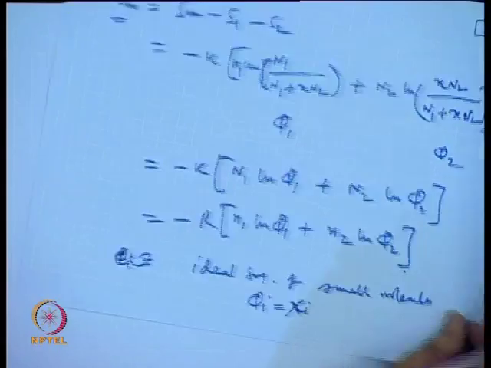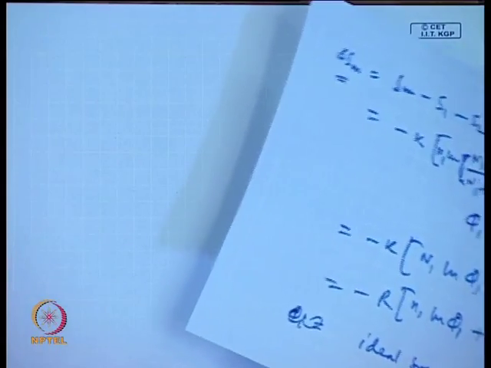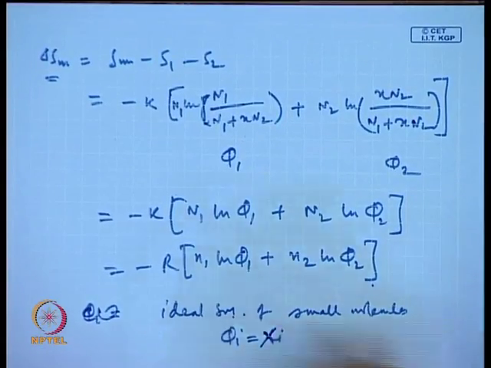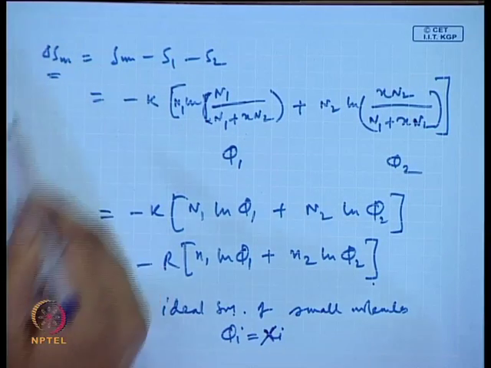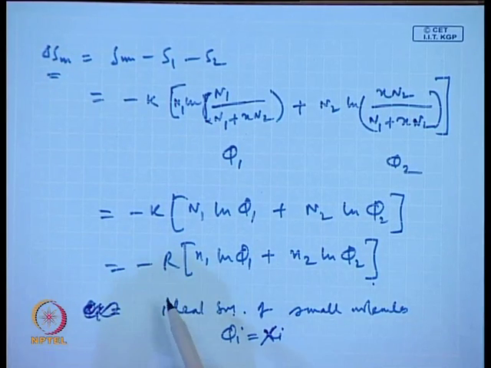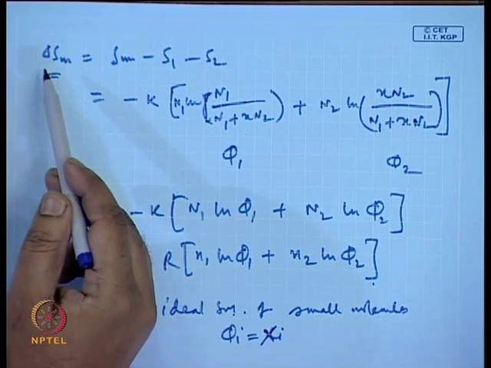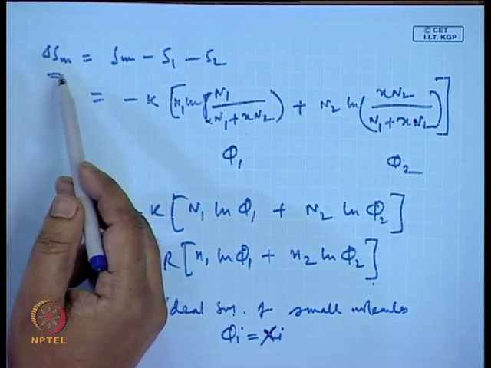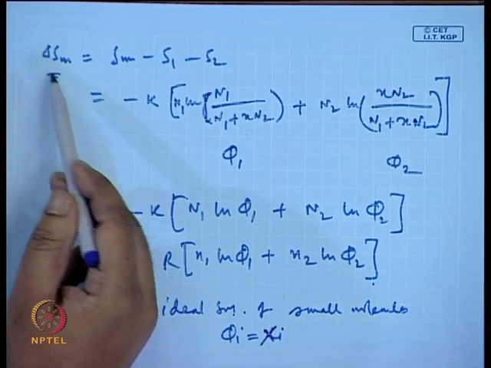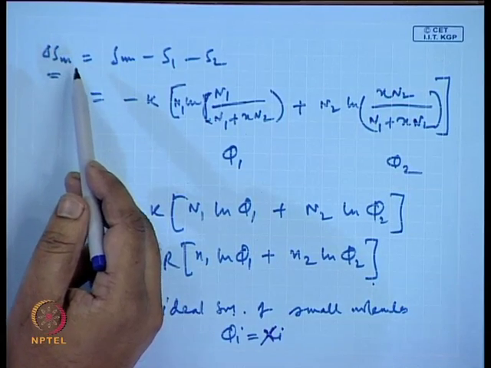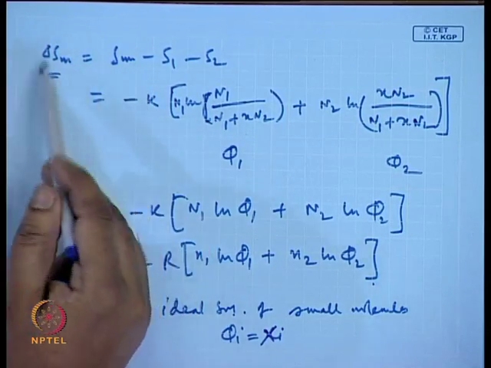We will come back to this in the next lecture. Now we understood that by the Flory-Huggins approach we can find the entropy of mixing for a polymer and a solvent.